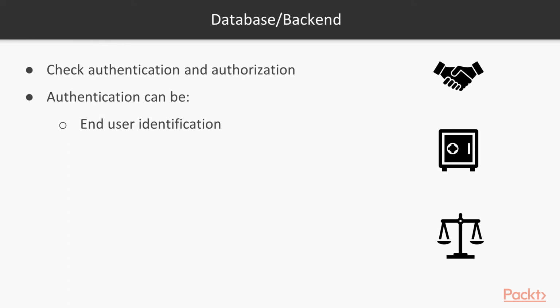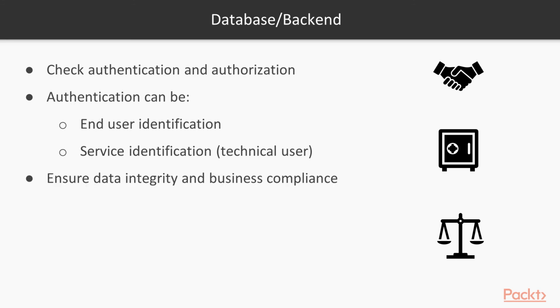In this case, we say that there is a technical user who is accessing the backend on behalf of the real user. And whatever the front end does, doesn't matter, it's the backend's responsibility, who owns the data, to ensure data integrity and that the data and the functionality are compliant with the business requirements and how the business runs.